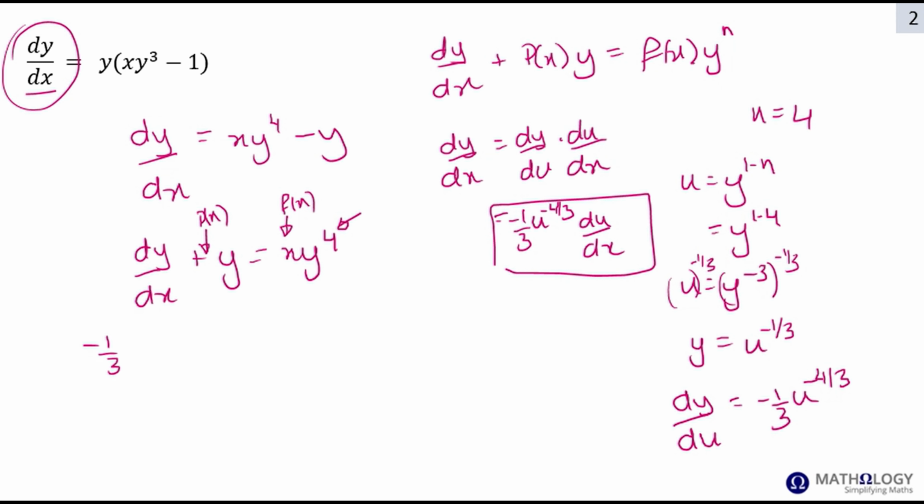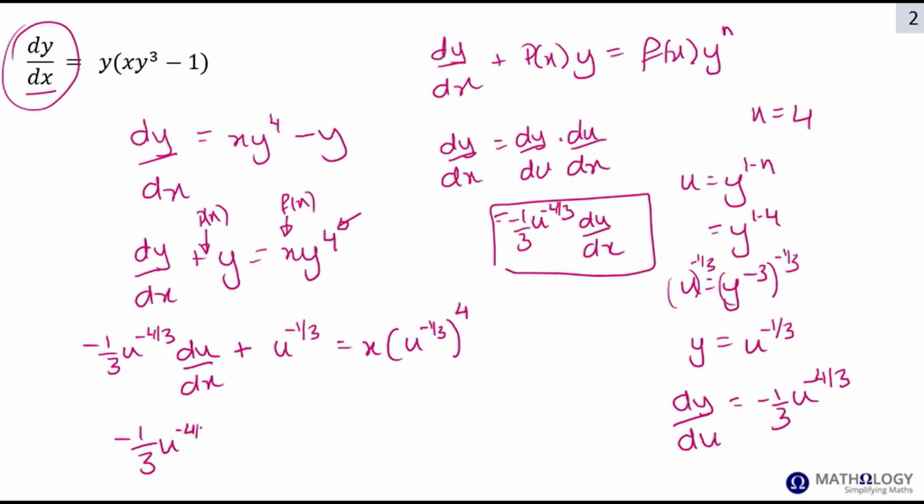So minus a third u to the minus 4/3 du/dx plus y. y is u to the minus a third, and that's raised to the power of 4 on the right. So we have minus a third u to the minus 4/3 du/dx plus u to the minus a third equals x times u to the minus 4/3.